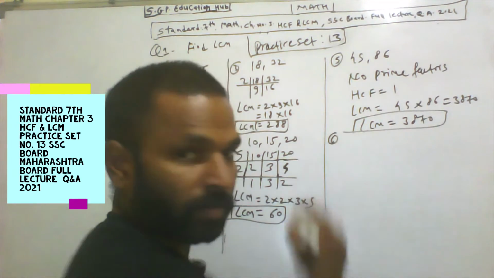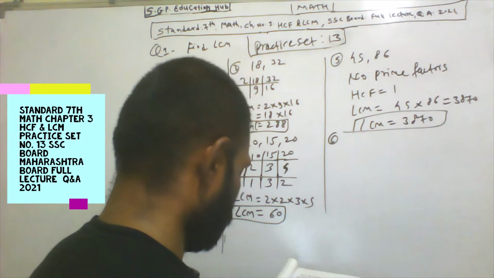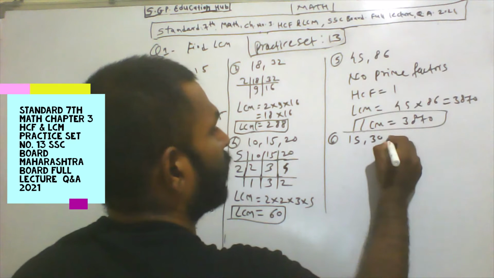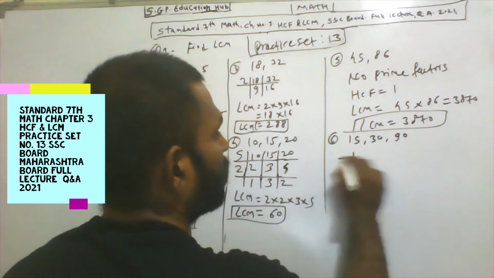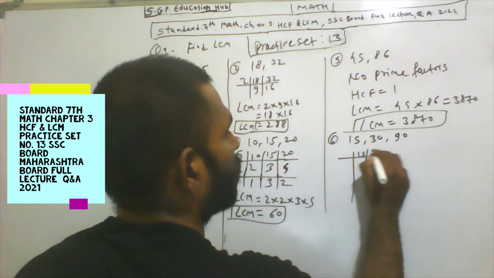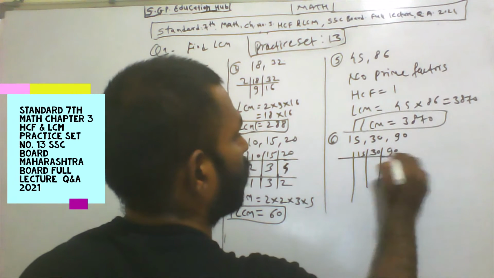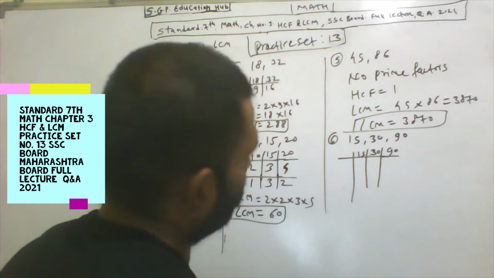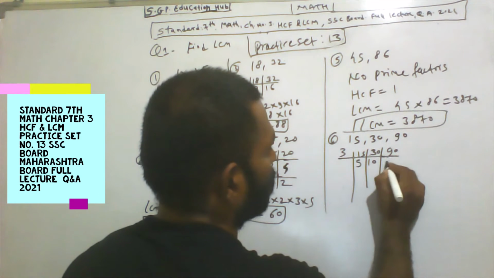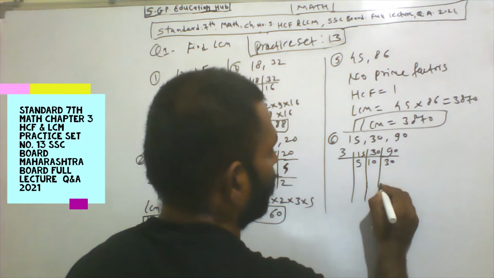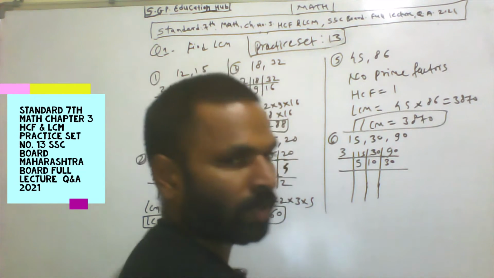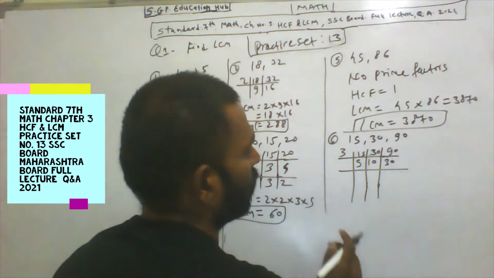Now the 3 numbers question: 15, 30 and 90. Okay, 15, 30, 90 can be divided by 3. 3 fives are 15, 3 tens are 30, 3 thirties are 90. Now, 5 is a prime number, so 5 cannot be divided, but 10 can be divided.